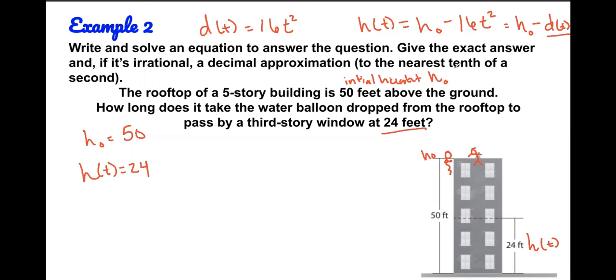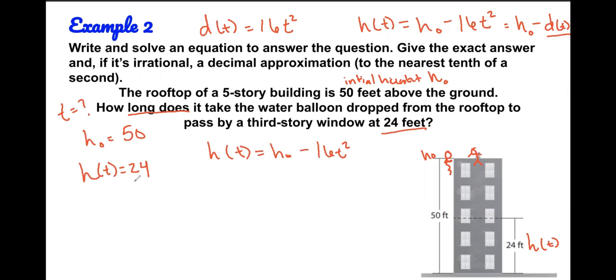So let's go ahead and substitute our values and solve for that beautiful time, because we want to know how long, right? So our time, we don't know what that is. So let me write h of t equals our initial height minus 16t squared.